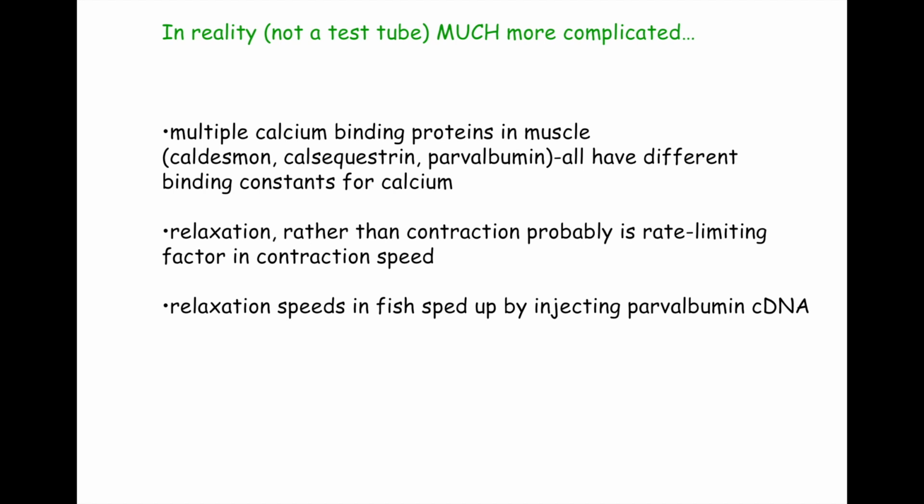These include proteins like caldesmon, calsequestrin, and parvalbumin. They all have a different binding constant for calcium. So when calcium floods into the cell, these things will all bind calcium with different affinities, and so the calcium that is left over for troponins to bind can be affected by the concentration of all these other calcium binding proteins.